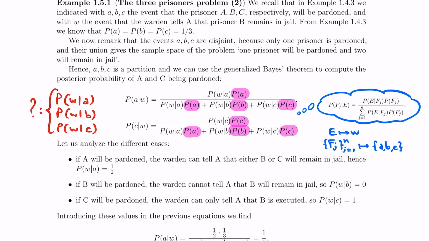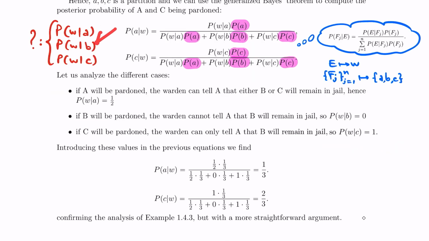So the only unknowns that we have to compute are these ones. Let's start analyzing the first conditional probability. If A occurs, it means that the prisoner A will be pardoned. Then the warden can tell A that either B or C will remain in jail. This means that this conditional probability is 1/2.